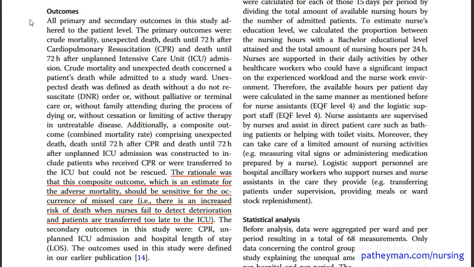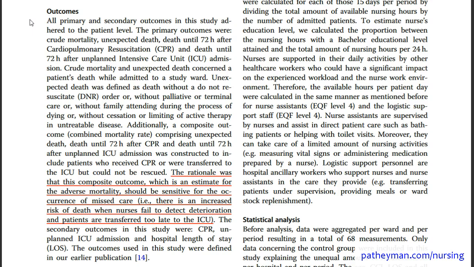The reason is they thought it was an estimate for adverse mortality, which they thought could be sensitive to missed care. So the idea is if there's not enough nurses to take care of you, well, maybe you're not going to be noticed when you start going south, and there's going to be failure to rescue. There's going to be failure to take adequate intervention. And maybe that's why you get transferred to the ICU and then die, or have CPR and then die.